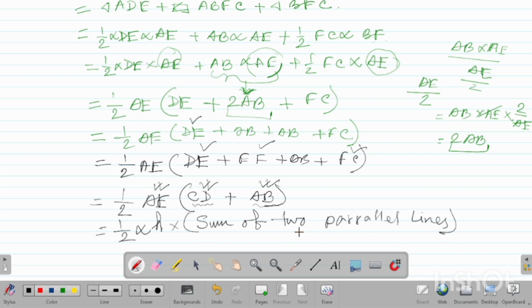That's why we can say the area of a trapezium would be half multiplied by h multiplied by the sum of two parallel lines. Thank you, everybody.